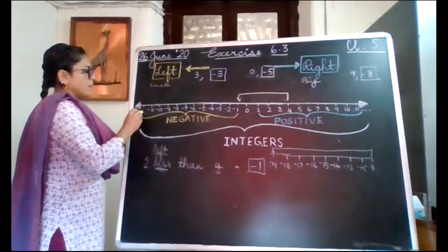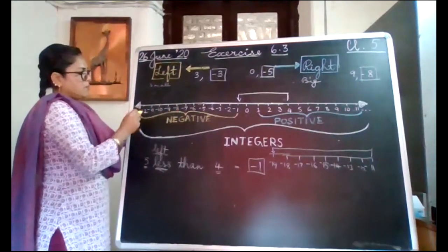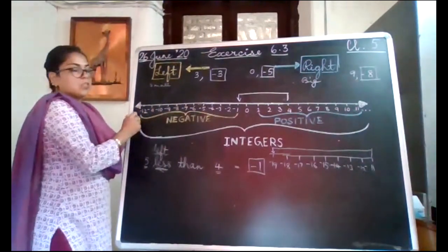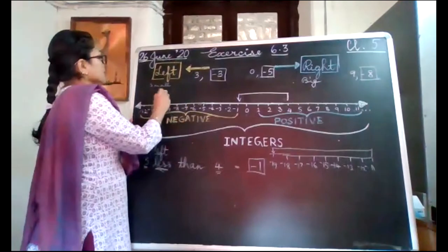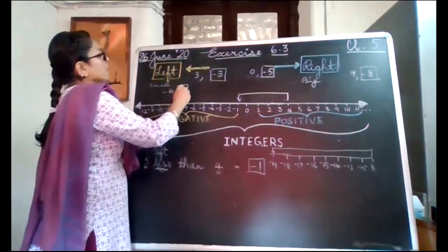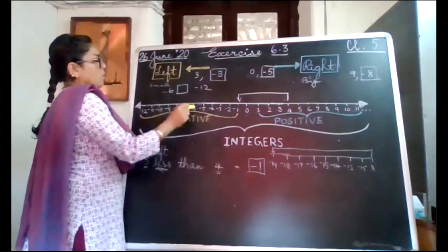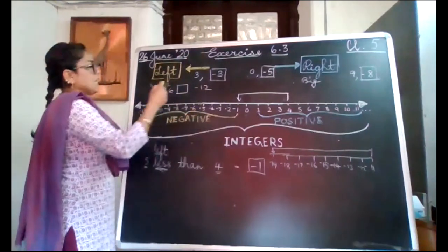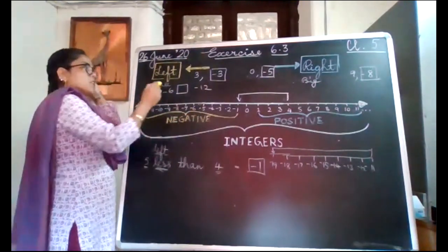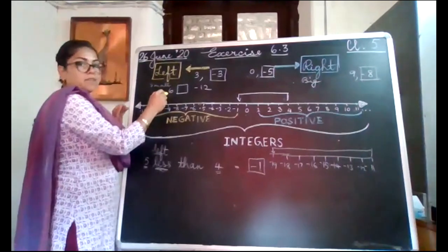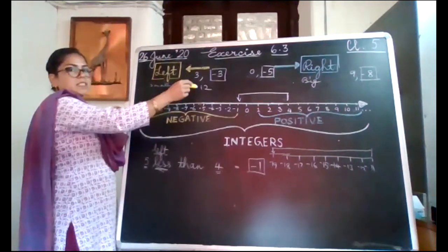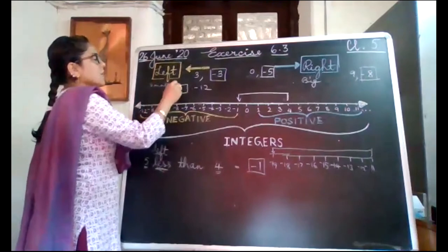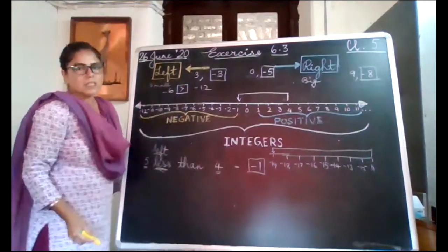After this will be minus 12. The first number that is given is minus 6, and we have to put in the symbol here. Now minus 6 is to the right and minus 12 is to the left. So the number that is written first, you have to compare that with the second number. So minus 6 is greater than minus 12.